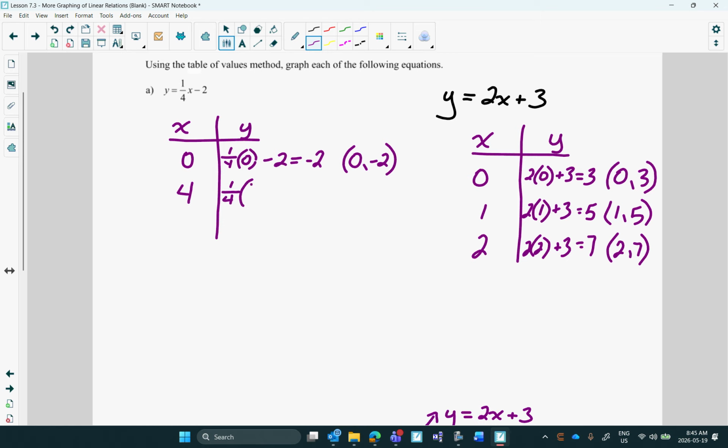Remember, 1 over 4 times 4 is the same as 1 over 4 times 4 over 1. So 4 divided by 4 gives me 1, and 1 subtract 2 is negative 1.